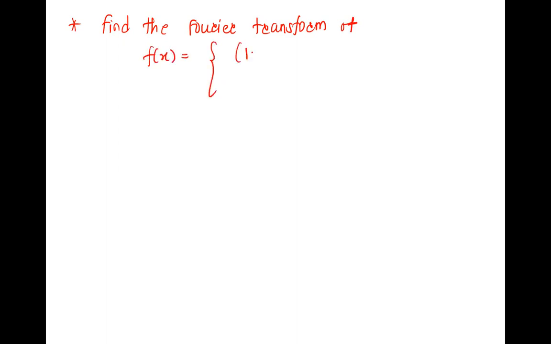Find the Fourier transform of f of x equal to 1 minus x square when mod x is less than or equal to 1, and 0 when mod x is greater than 1.